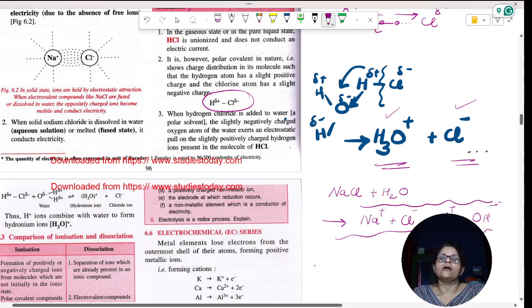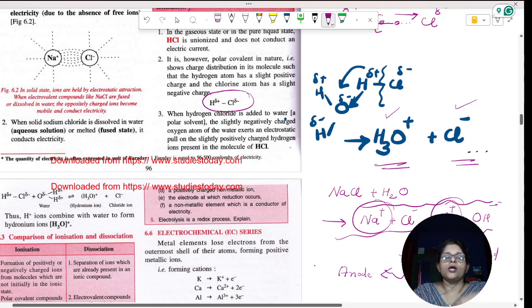Okay, then how will you decide which one will get oxidized or reduced? There are two cations which will be migrating to the cathode, and two anions which will be migrating to the anode.